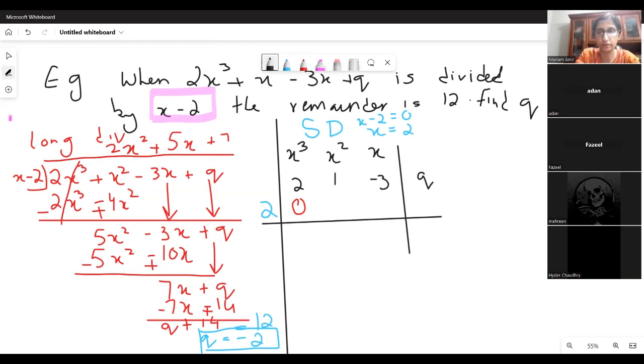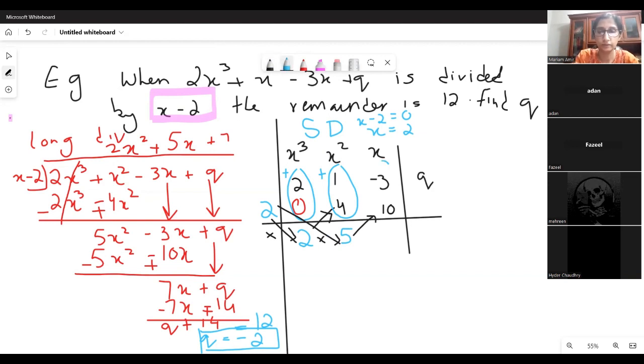So you start the synthetic division by adding this, which gives us a 2, and then you multiply these, which gives us a 4. Then you add these, which gives us a 5, and then you multiply these, which gives us a 10.